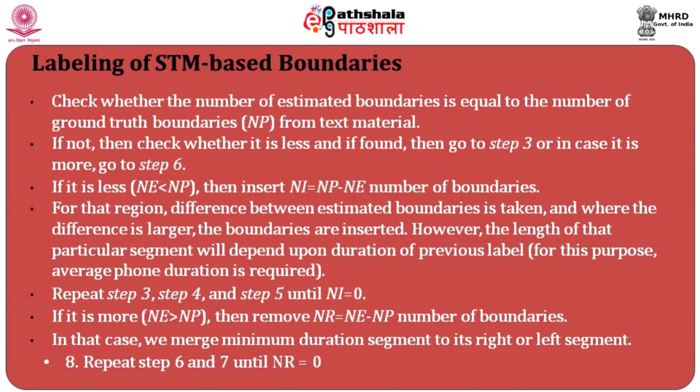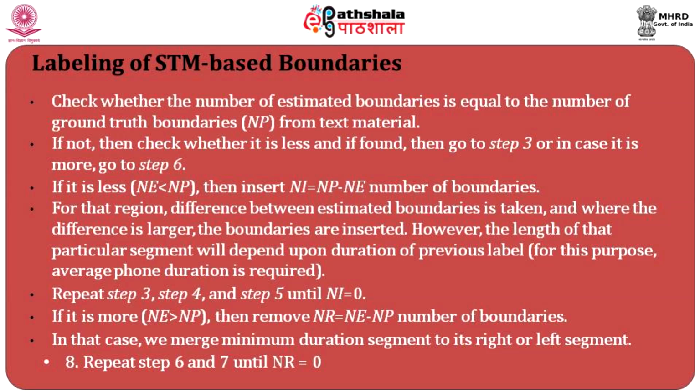Thirdly, if it is less, that is, if Ni is less than Np, then insert Nr equals Np minus Ni number of boundaries. For that reason, the difference between estimated boundaries is taken, and where the difference is larger, the boundaries are inserted. However, the length of that particular segment will depend upon the duration of the previous level.